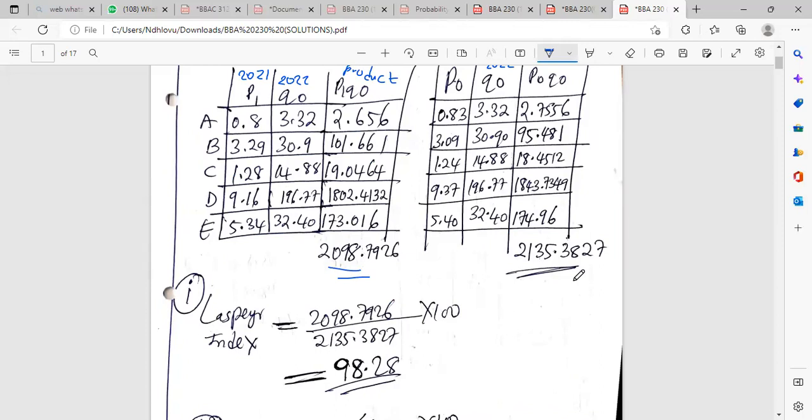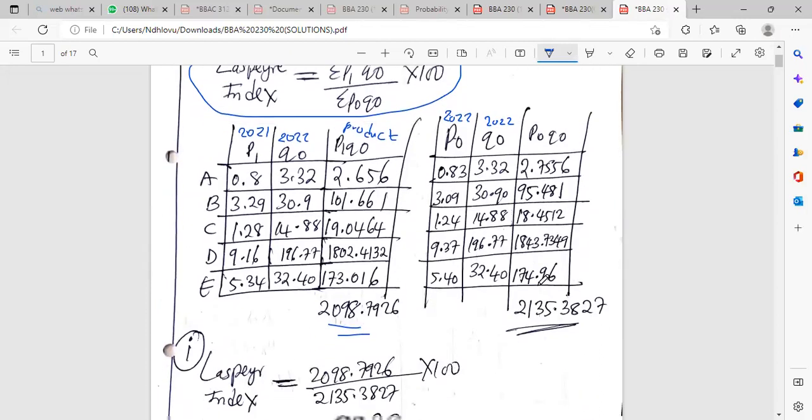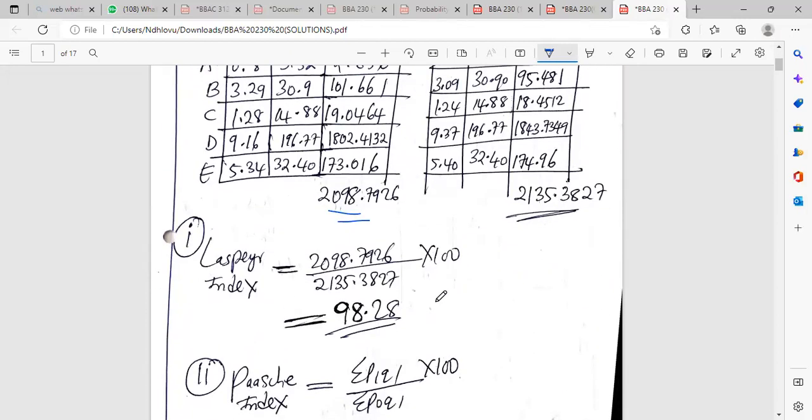This is how we are getting to the figures here. We can substitute to get summation of P1 Q0 over the summation of P0 Q0. Here we are getting 98.28. That is the Laspeyres index.